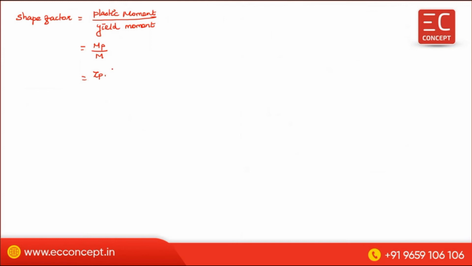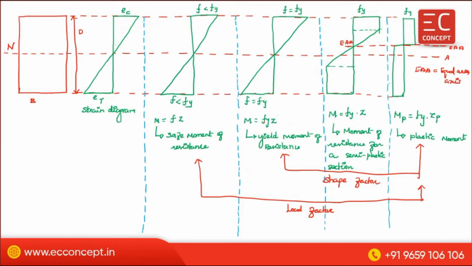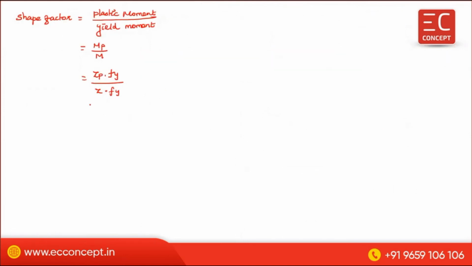Zp into Fy, divided by what is M? Z into Fy. That is the yield moment. M is equal to Fy into Z. For the fully plastified section, Mp is Fy into Zp. So this is Zp divided by Z. Therefore, the shape factor is equal to Zp by Z.